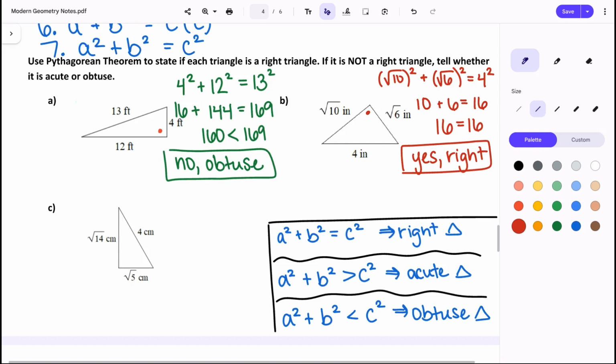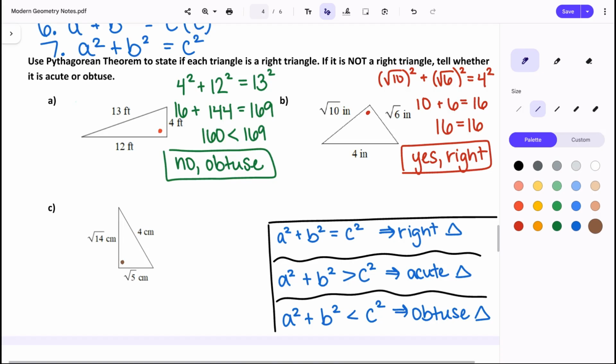Okay, why don't you guys try to do letter C? Okay, so you think your right angle would be about here.